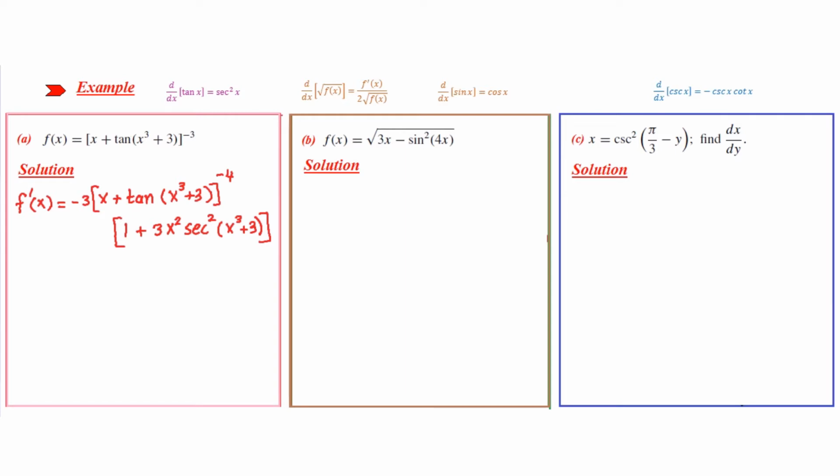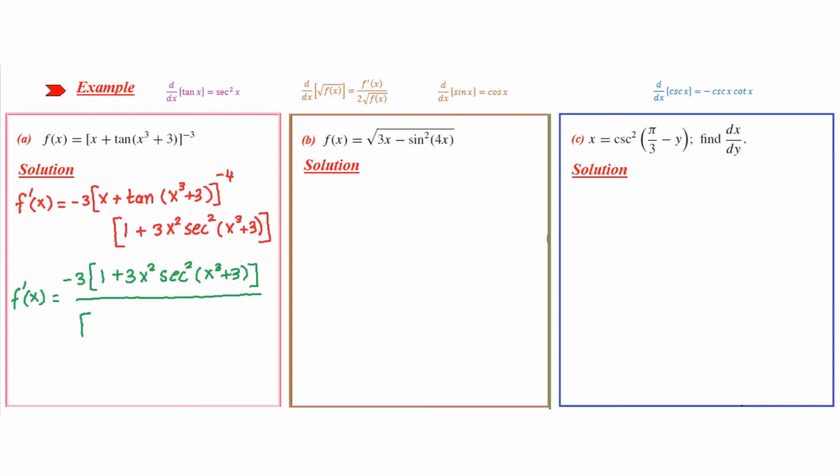Then you have to simplify the answer, because we have a negative exponent here. You have to put this bracket in the denominator, and the answer will be f prime of x equals minus 3 multiplied by 1 plus 3x square secant square x to the power 3 plus 3, divided by this bracket, but the power will be positive.